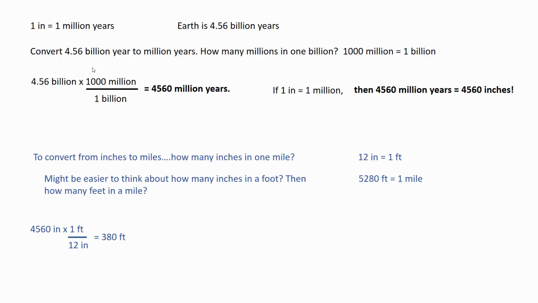So we're not there yet because, again, what we wanted were miles. So now we're going to build our fraction again. In order to do our conversion from feet to miles, we're going to say 1 mile over 5,280 feet. Remember, I'm putting feet at the bottom of that fraction because I want to cancel it out with the 380 feet. I want those units to cancel, so the only unit I'm left with is miles.